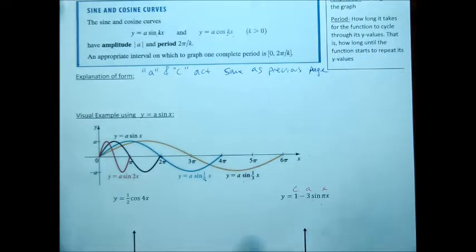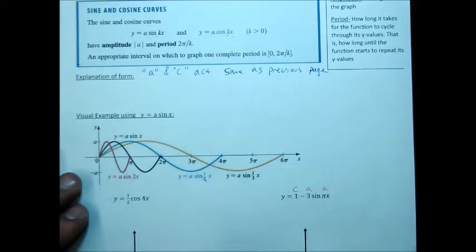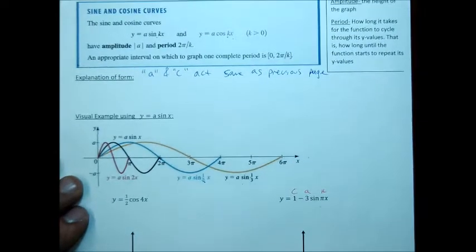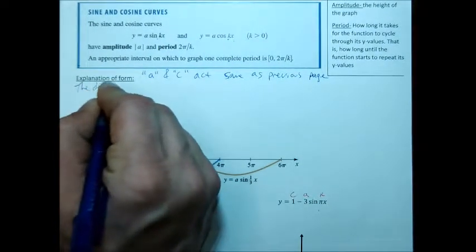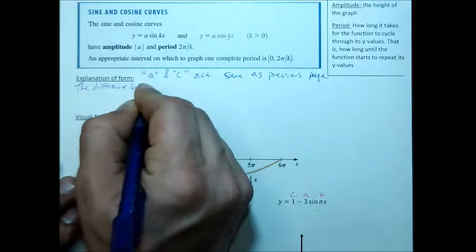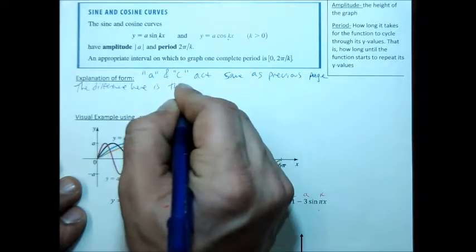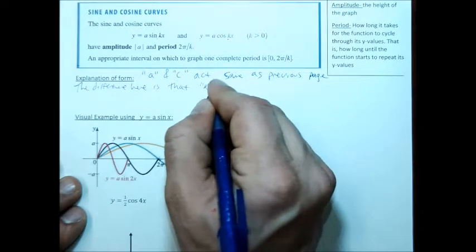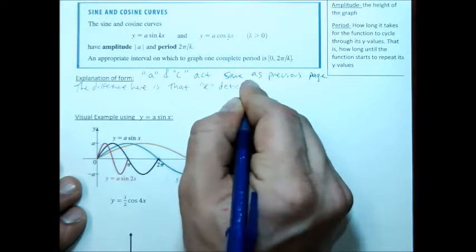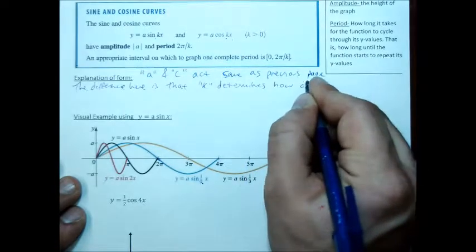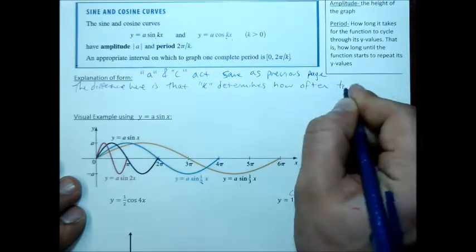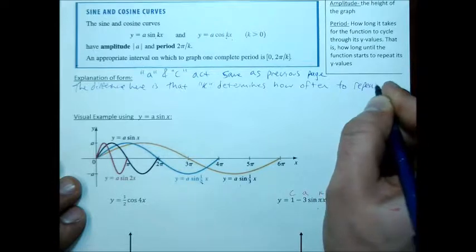So what I want to say related to k is that k changes the period. The difference here on this page is that the k determines the period, i.e., how often to repeat the graph.